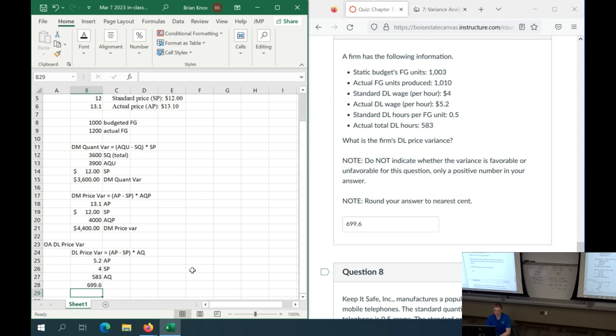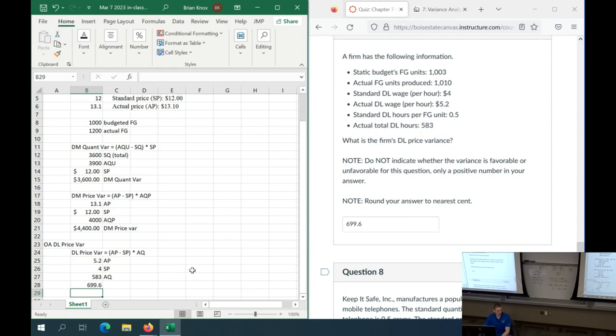We're not talking about the people. We're talking about the hours that they're working and how much we are buying their hours for. That's the contractual arrangement to get their hours of work for the company's benefit. And talking about the quantity of hours and how many hours we used, I think it's just fine. I have erred on the side of uniformity between all the different terms. Always price and always quantity. Those terms are what I use.